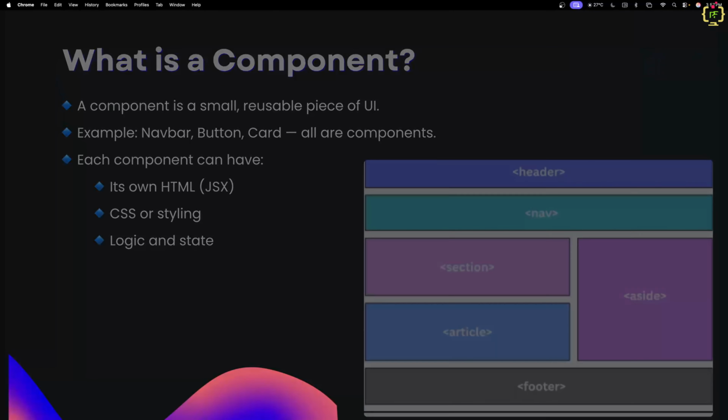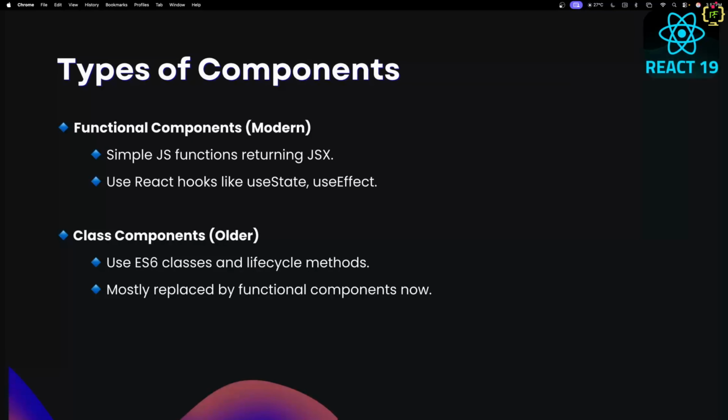Next, we will discuss about types of components. So in React, we have two types of component, the functional components and class components. So the functional components are modern JavaScript function which will return JSX syntax, okay? And this will support React hooks like useState, useEffect.